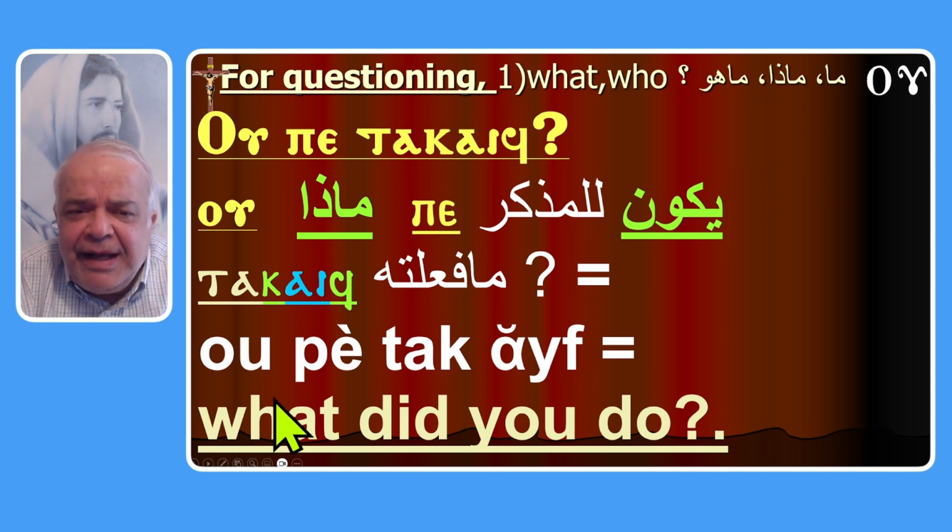So the exact translation should be like this: what is what you did? Something like this. So O epsilon is what? P is not here in a question. They say did. It's not proper translation, but that's how we express it in English. Tak, the action you did. Alpha iota, the verb do. Phi for the action itself, refers to the action itself.